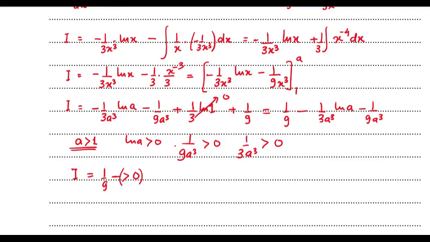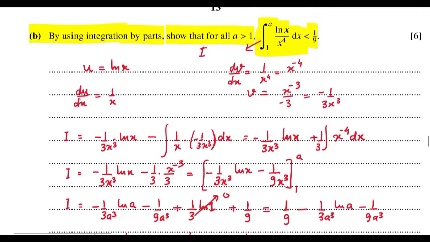So we can directly say that our integration I, which was actually the integral from 1 to a of ln x upon x to the power 4 dx, is going to be less than 1 by 9, because we are subtracting a positive quantity from 1 by 9, so it will always be less than 1 by 9, and that's what we had to prove.